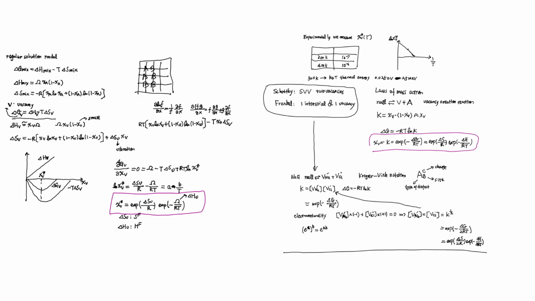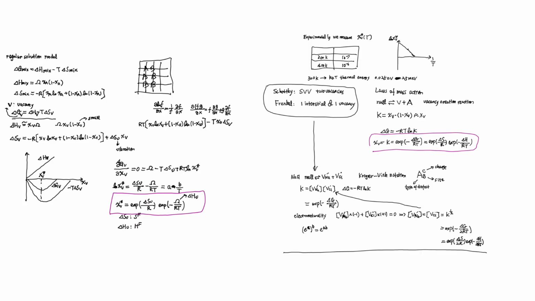We know how to take the derivative of a log term, which is d log f dx is 1 over f df dx. We've done this multiple times last semester. We're also going to use the product rule, because XV multiplied by log XV, both of them depend on XV.